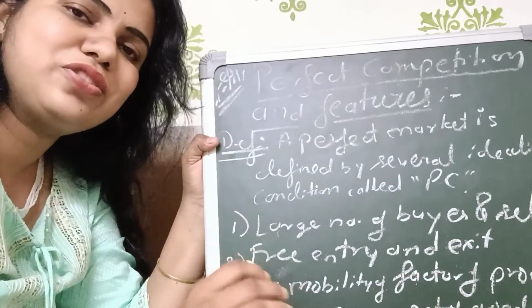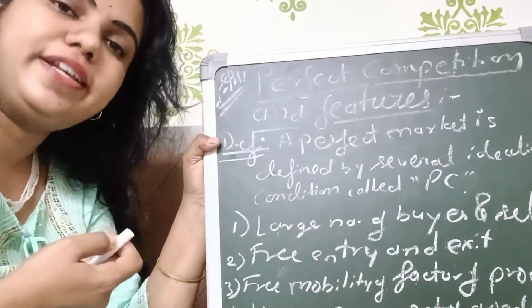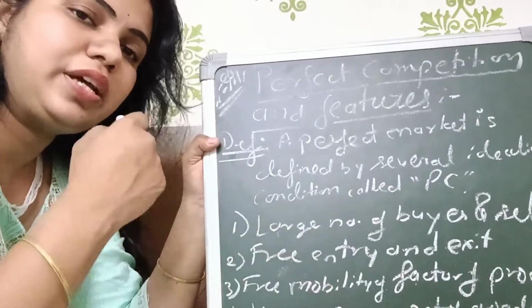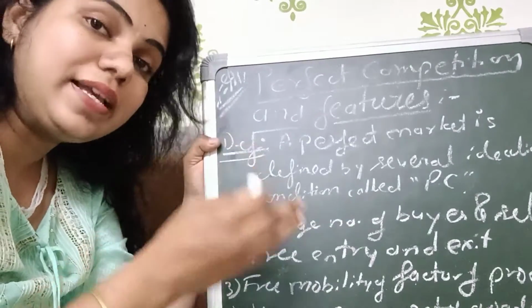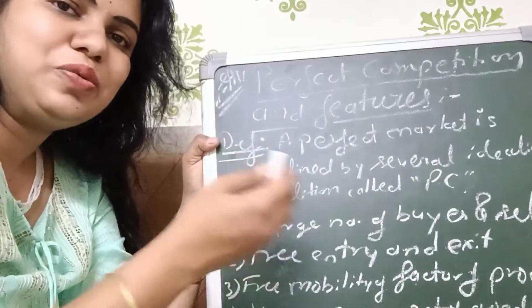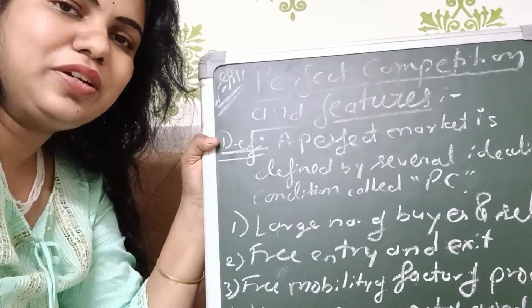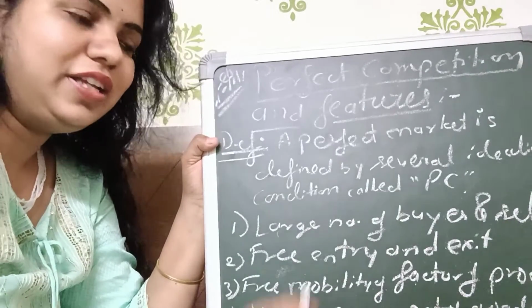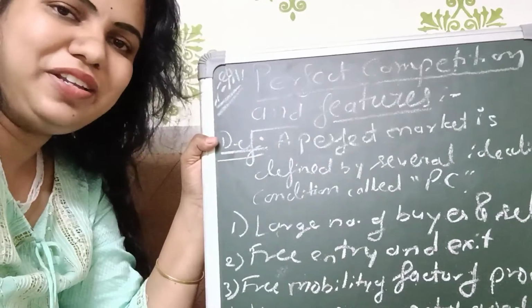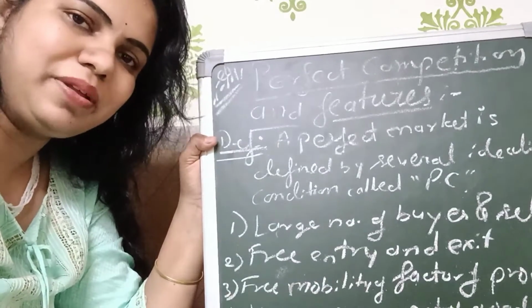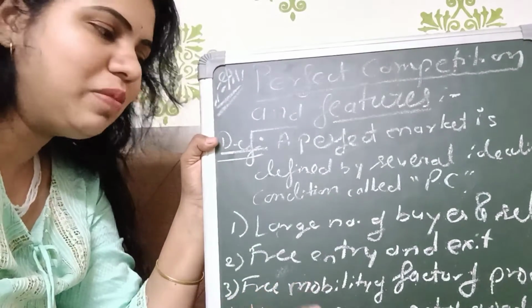There is no license required. If you want to sell particular books in your shop, you don't require any specific license from the government. So you can freely enter the market.